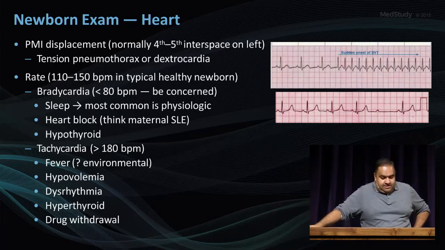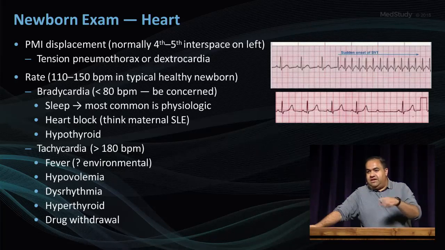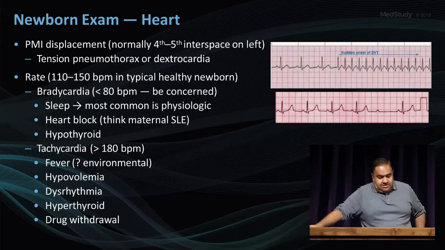If some P's just don't get through, now you're in Mobitz 2. So the P wave doesn't make its way through, you're in Mobitz 2. And if the P's and Q's can't agree, then you have third degree.